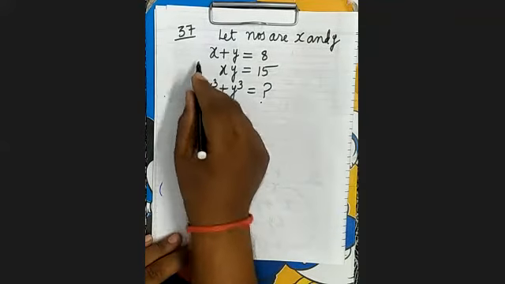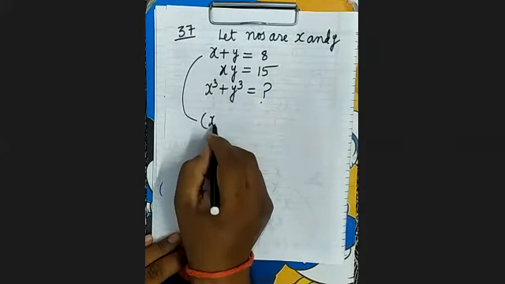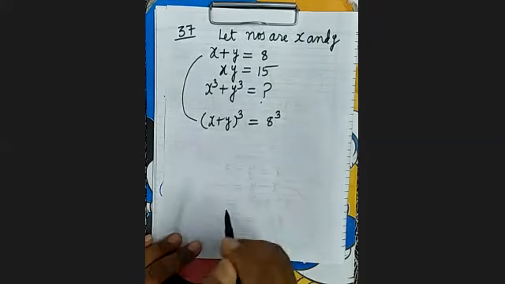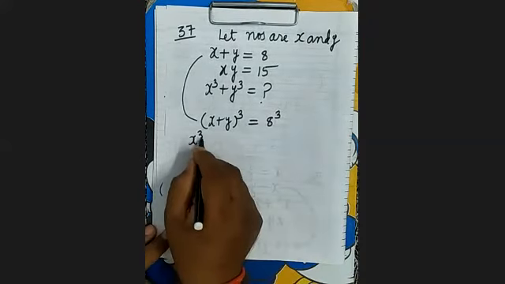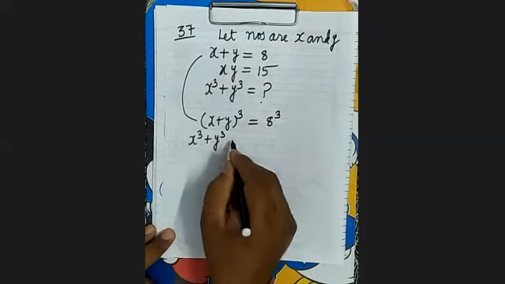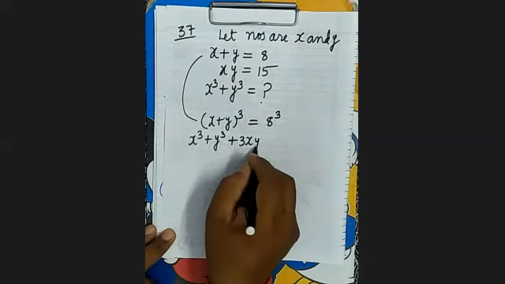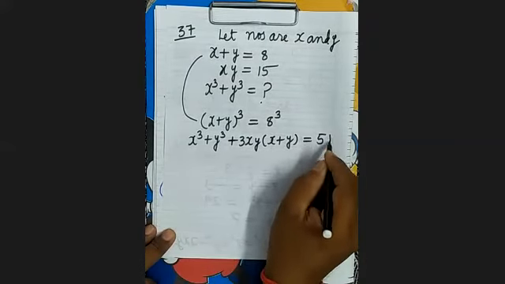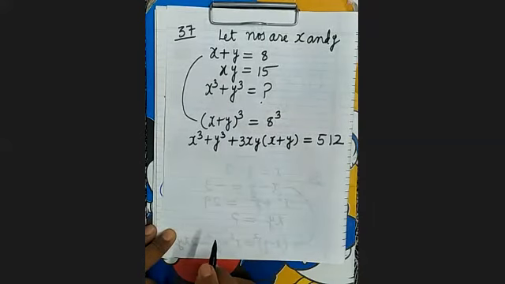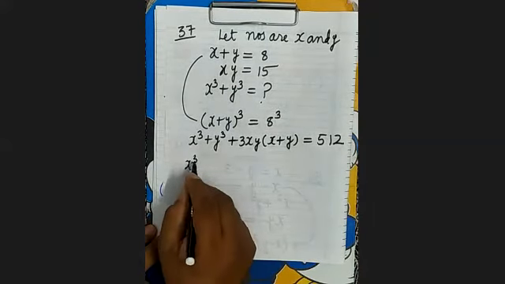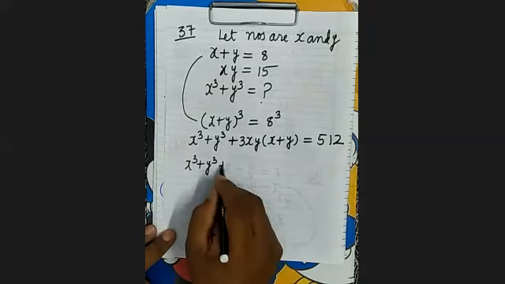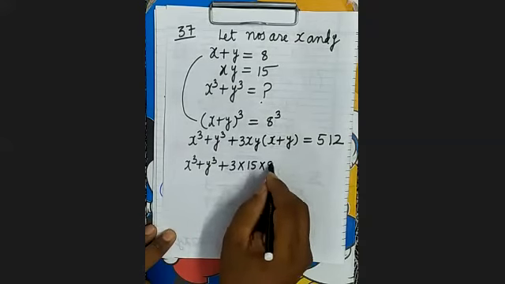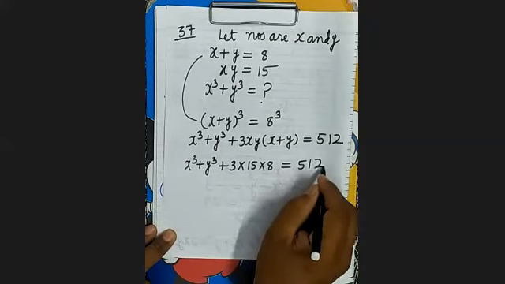How will you find it? By cubing x plus y on both sides. So this will be x cube plus y cube plus 3xy within bracket x plus y equals 512. x cube plus y cube plus 3 into 15 into 8 equals 512.